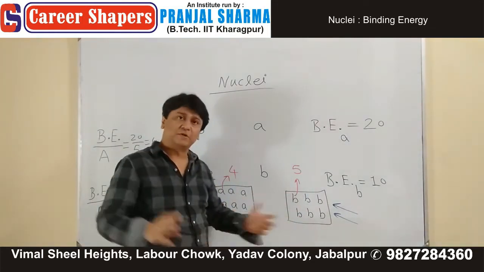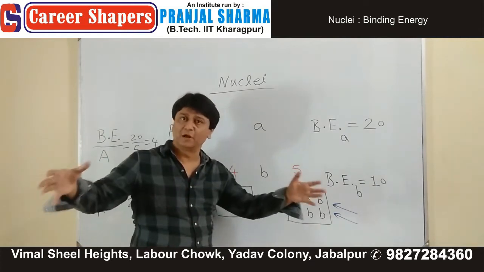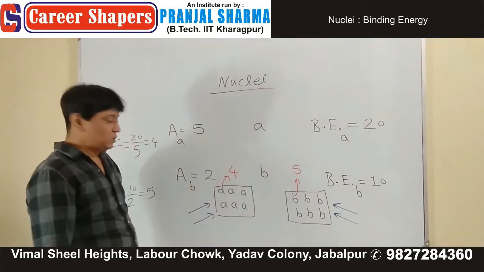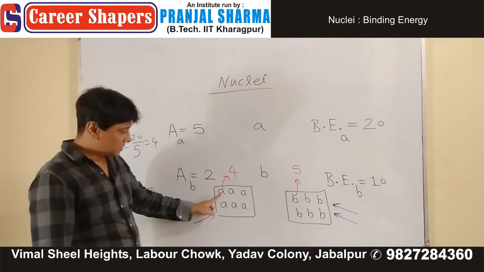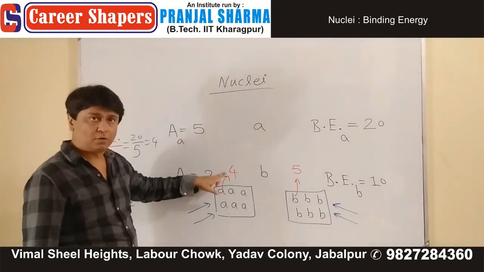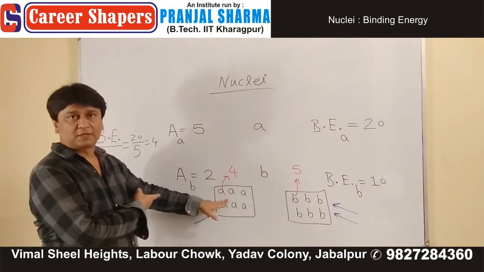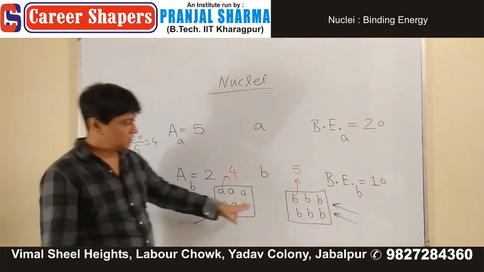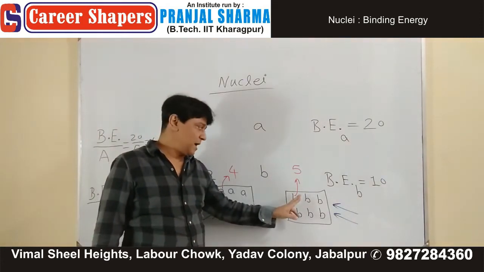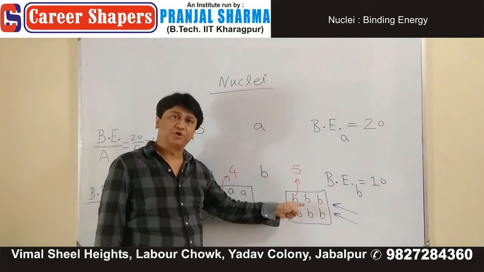Both these samples receive energy at the same rate, like two similar sources. The moment the distribution becomes 4, the disintegration of A starts. The moment every nucleon gets 5, the disintegration of B starts.